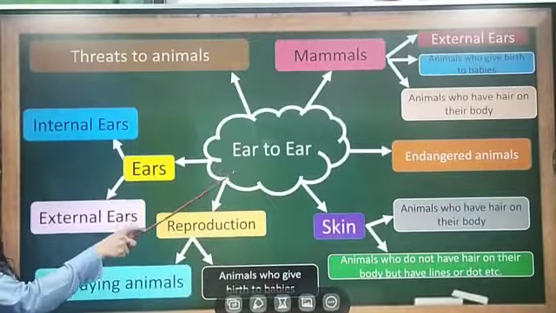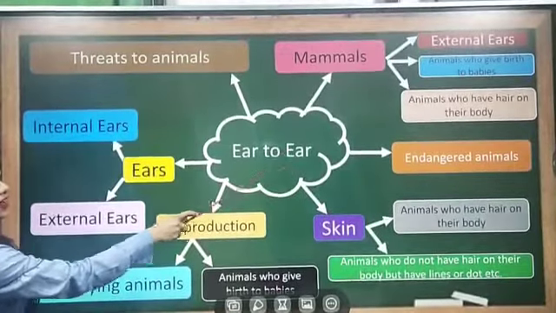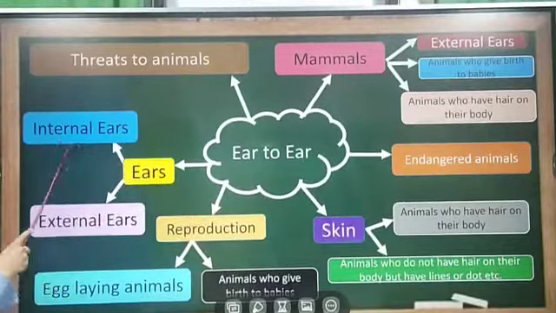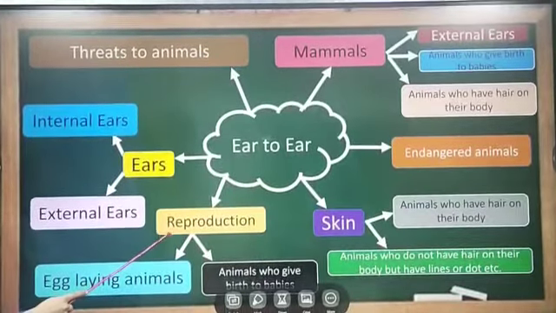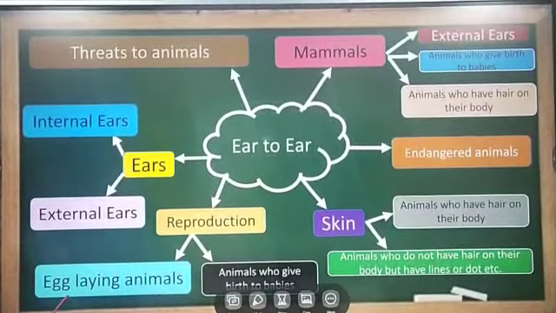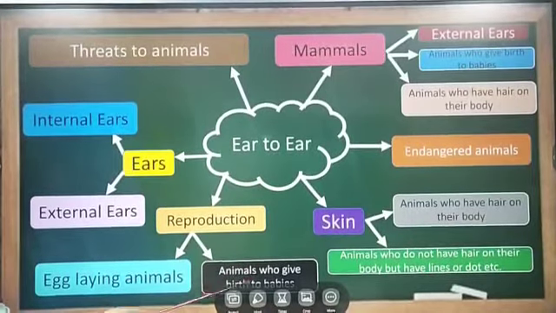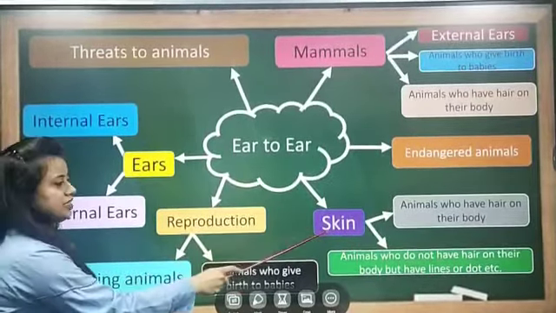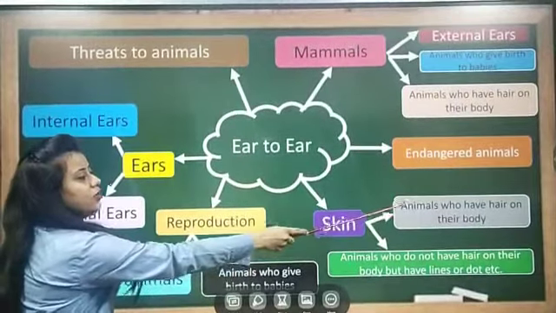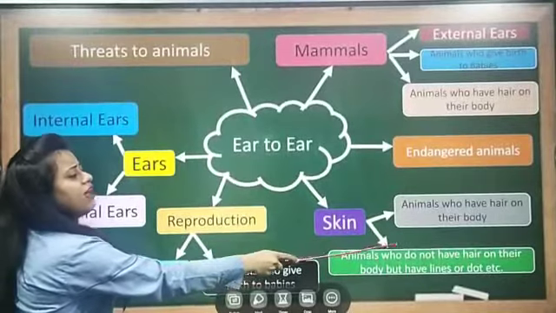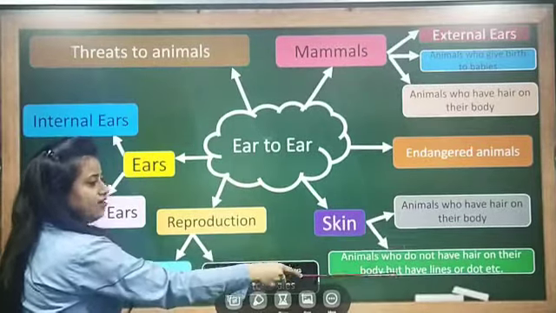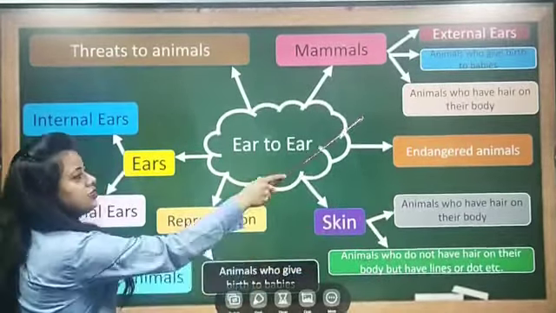Let's do mind mapping of the chapter. Ears: internal ears, external ears. Reproduction: egg-laying animals, animals who give birth to babies. Skin: animals who have hair on their body, animals who don't have hair on their body but have lines or dots.